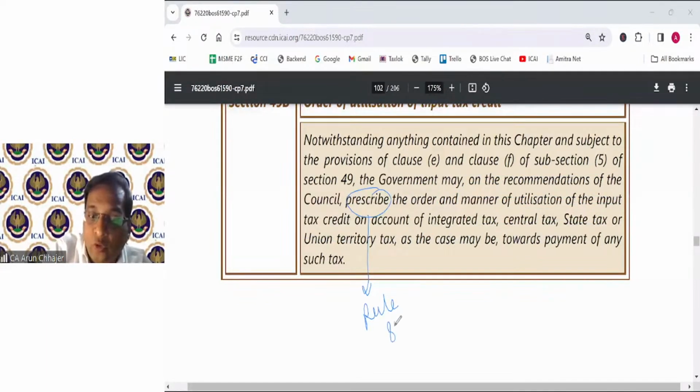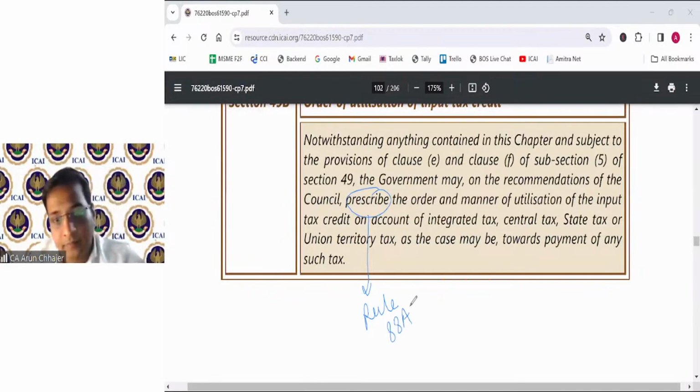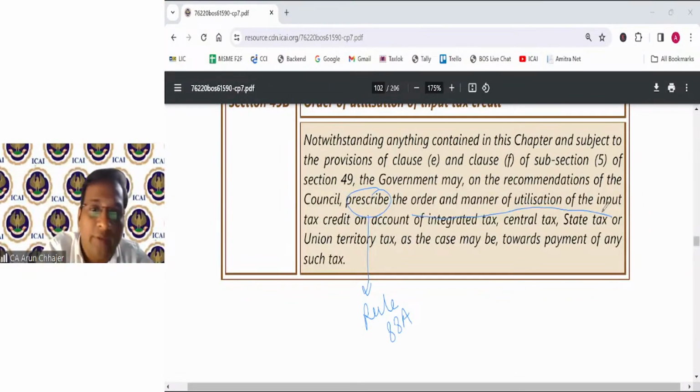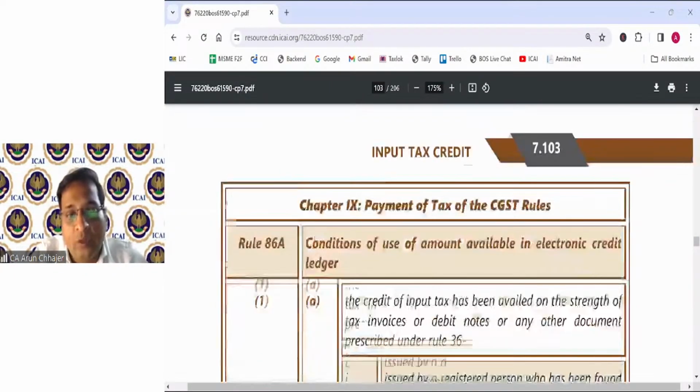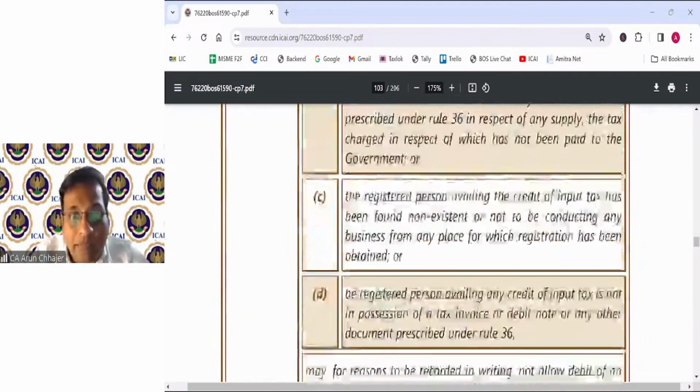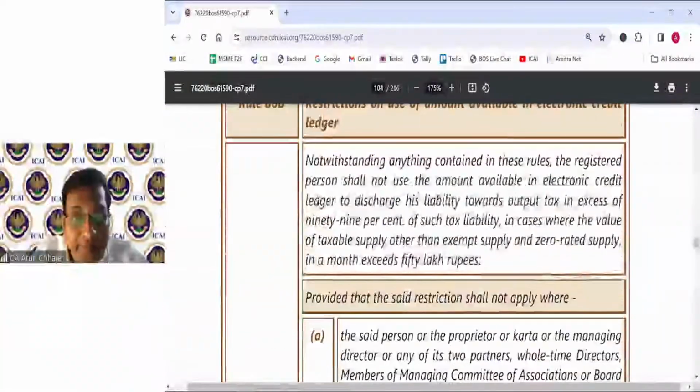So for that, there is rule 88A. For what purpose is the rule required? To decide the order and manner of utilization of ITC. ITC can be in any head, but they are saying the order and manner of utilization can be given by way of rule. What is the rule? Let me first go to rule 88A.